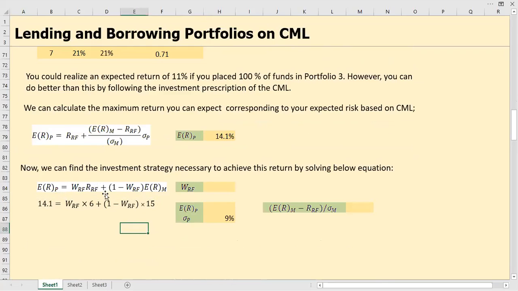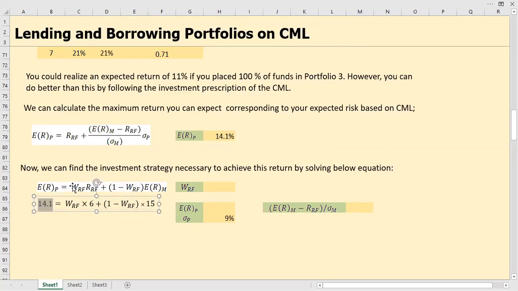So for that particular purpose, I am going to substitute all these values that I have calculated here. Now I have calculated the maximum expected return that we can expect from the capital market line. It is 14.1. So I have put that 14.1 here instead of expected return.